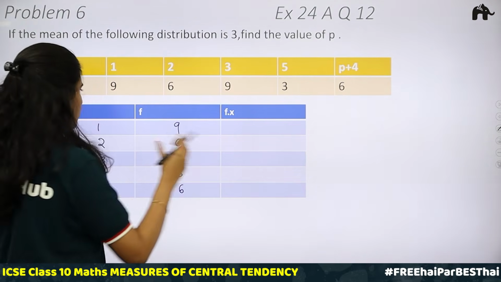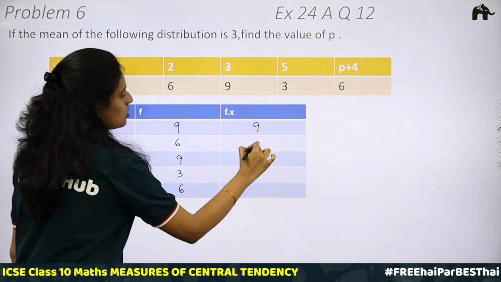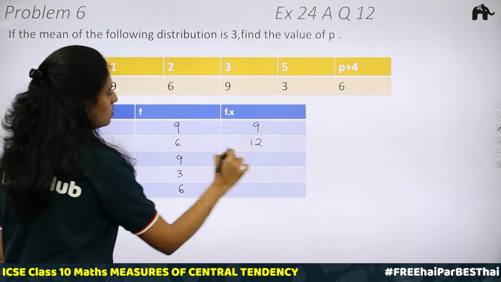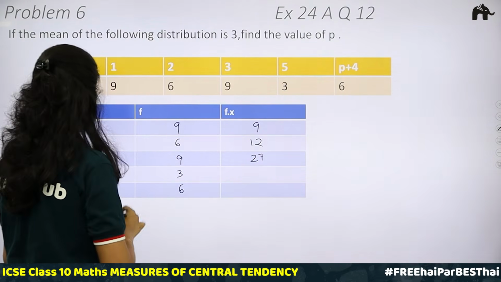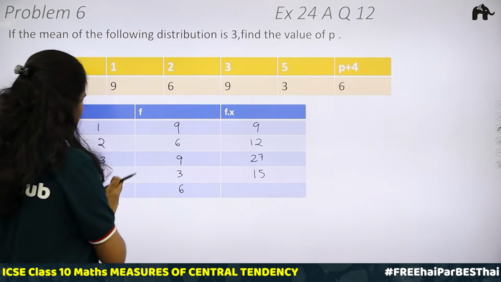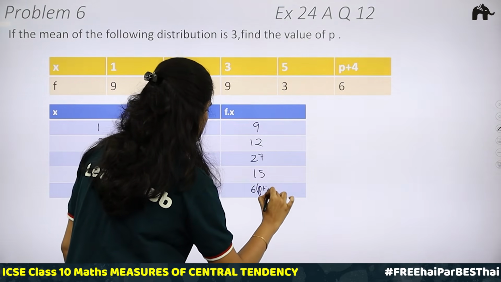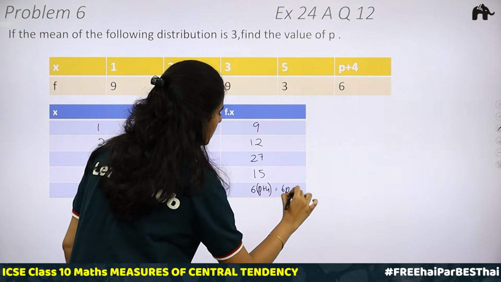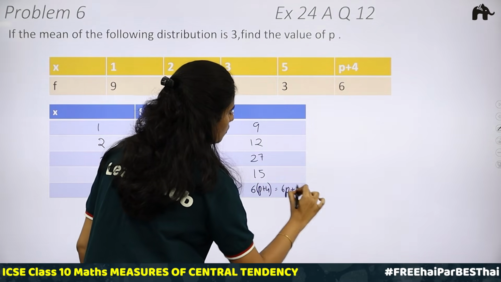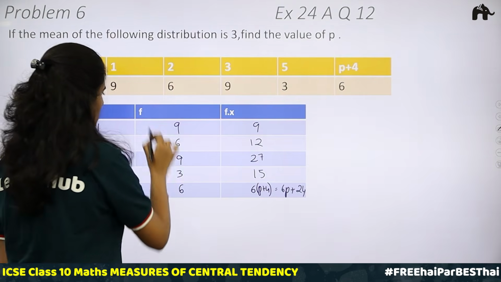Now we will find fx. 1 into 9 is 9. 2 into 6 is 12. 3 into 9 is 27. 5 into 3 is 15. P plus 4 into 6 is 6 into (P plus 4), which is 6P plus 24. Now take the summation.